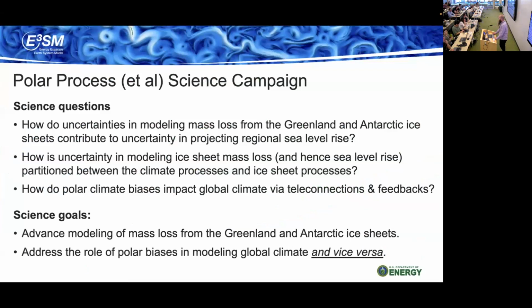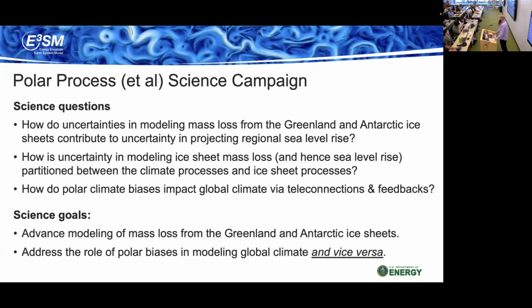So I wanted to start off with some of our driving science questions and goals for this phase of the project. A lot of this has to do with uncertainties in modeling mass loss from Greenland and Antarctic ice sheets, and how those contribute to projections of sea level rise, and how that uncertainty in modeling is partitioned between climate processes and ice sheet processes, and how polar biases can impact global climate biases via teleconnections.